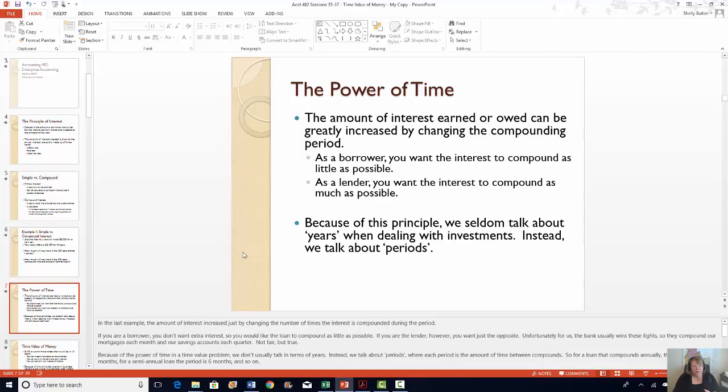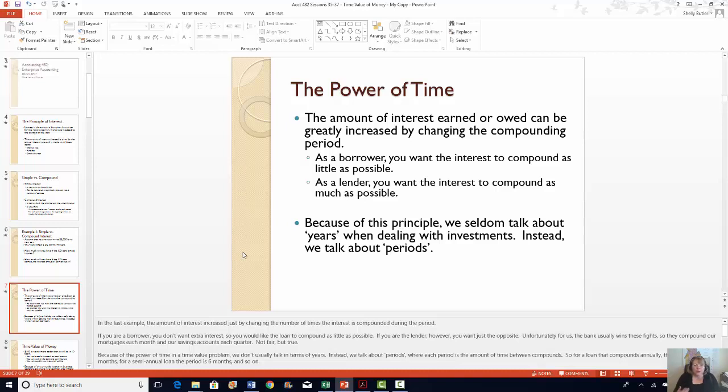And it didn't show very much difference in our example, but if you had, say, a home, right? Or if you owed money on a credit card, that extra money would be a burden to you. So now, as a borrower, you want the interest to compound as little as possible. And of course, if you are the lender, you want the interest to be compounded as much as possible.